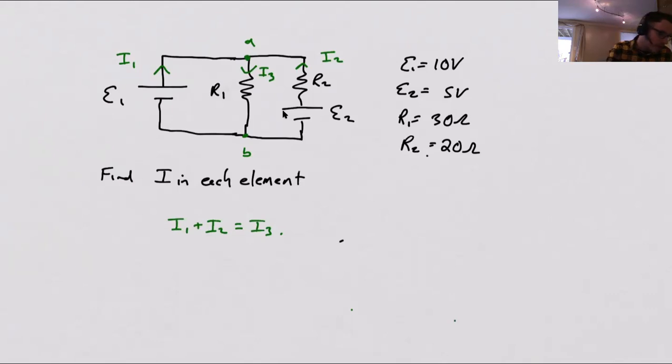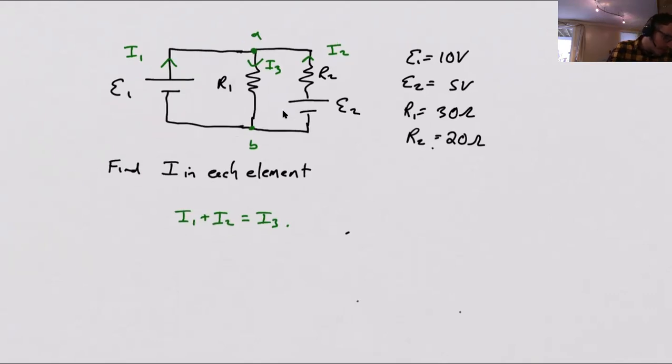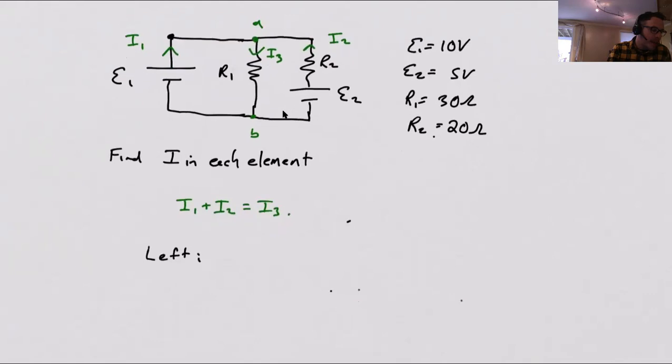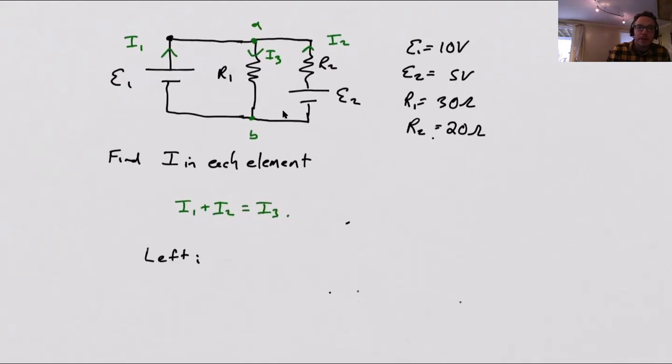Okay, so doing the left loop, just like the previous video, I will start up in this corner and work my way around a closed loop, clockwise. First I go from the top left to point A, nothing happens.